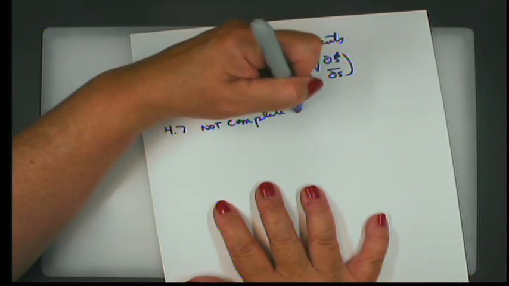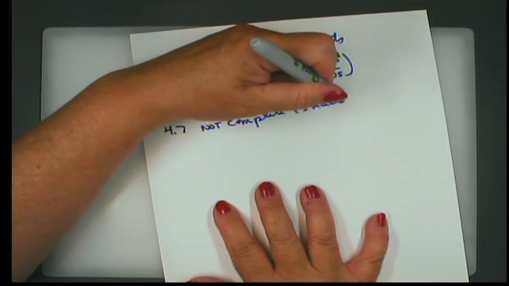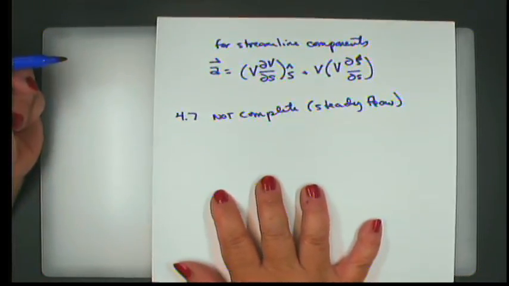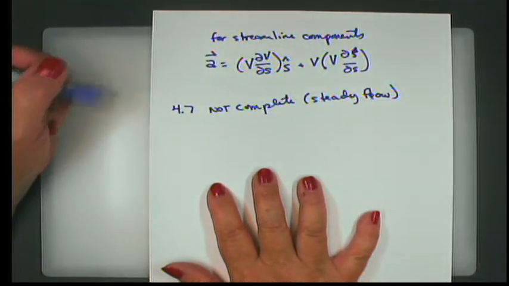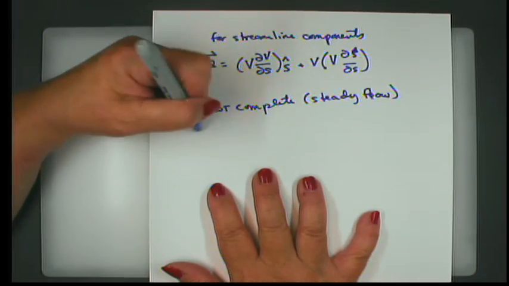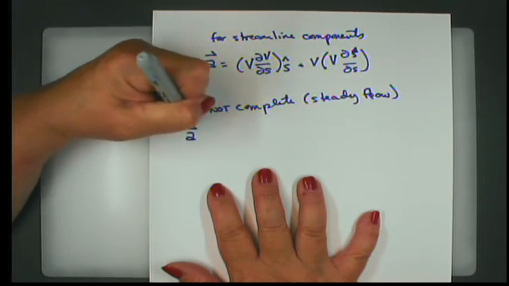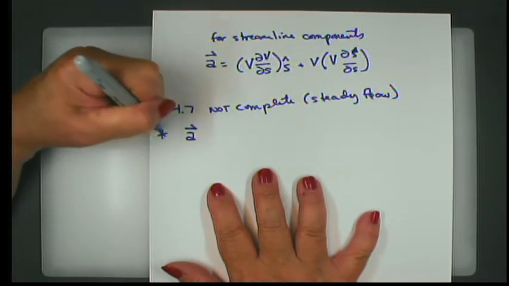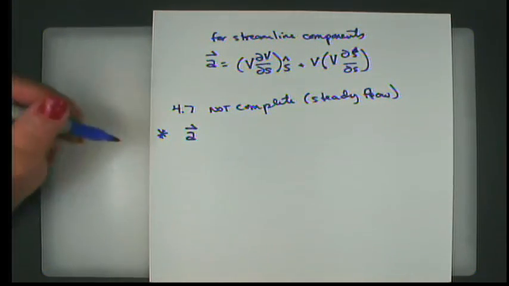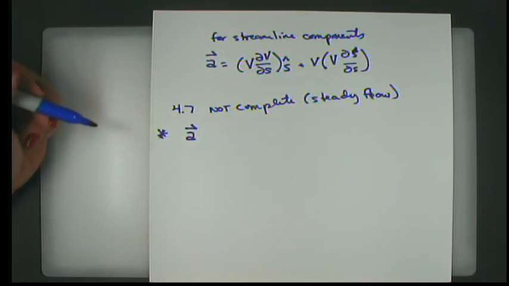4.7 talks about steady flow, which means that we don't have any time changes based on location. So I'd like to write it in a slightly more general form. And then this is quite usable to find out the actual expression for those components of acceleration.